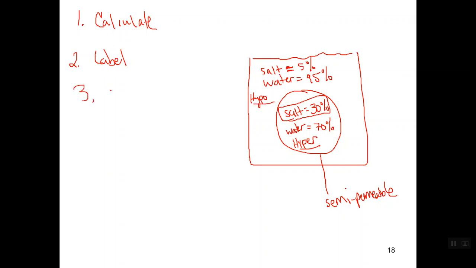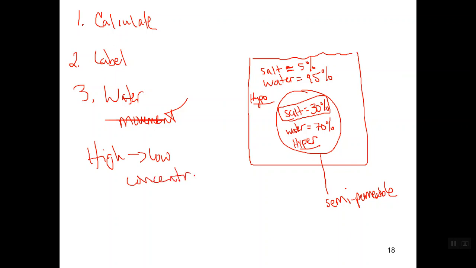And the third thing is to show the direction of water movement. Water goes from a high to a low water concentration. Right?